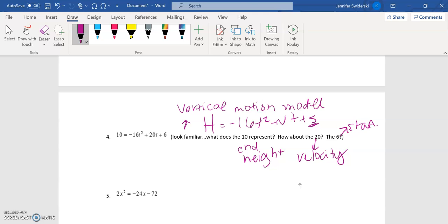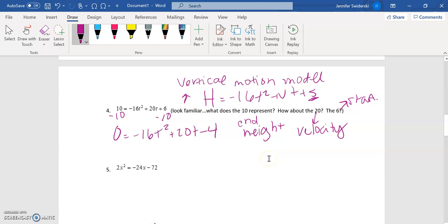For this, I want you guys to set it equal to 0. In order to do that, we're going to subtract 10 on both sides. When you do that, you get 0 equals negative 16t squared plus 20t, and 6 minus 10 is negative 4.